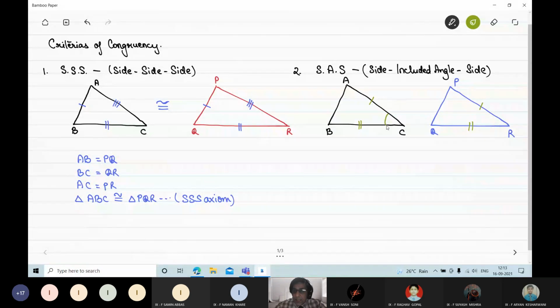It's angle C, isn't it? This is the angle which is in between the equal sides. And in this triangle, the included angle is R.